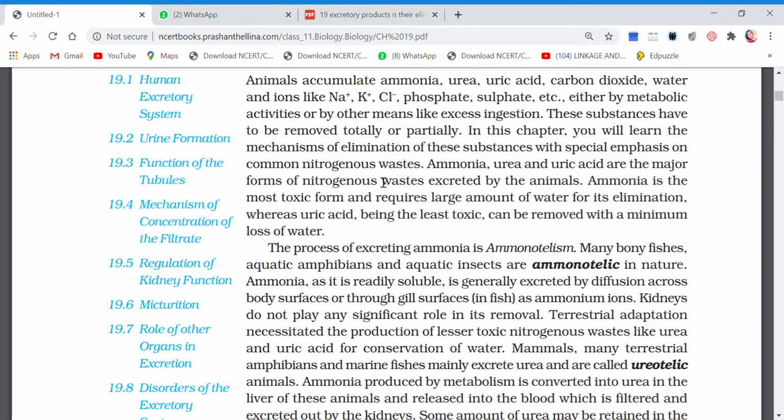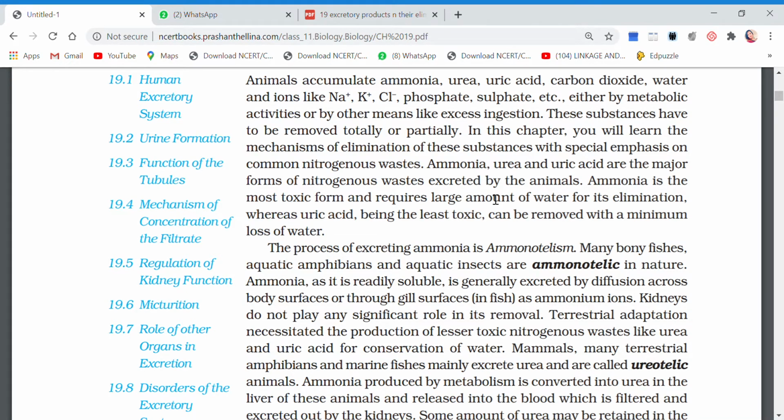Because the body does not want them, so these are to be excreted. Children, out of these three, ammonia is the most toxic one, and it requires a large amount of water for elimination.